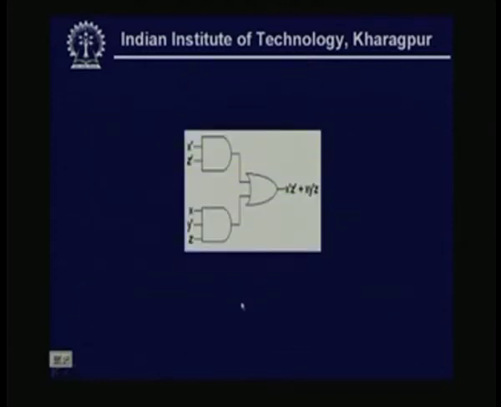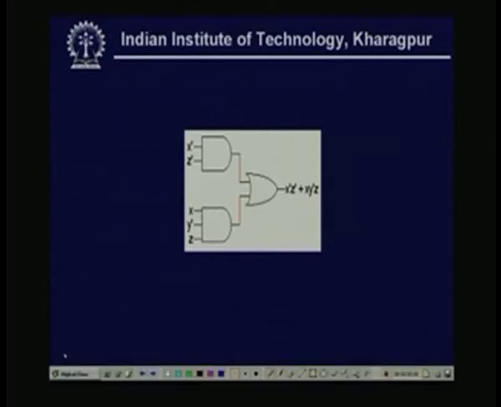Now, see that here there is one simple circuit, the 2 AND gates and 1 OR gate, and the input of the first AND gate is x. So, what does this function realize?